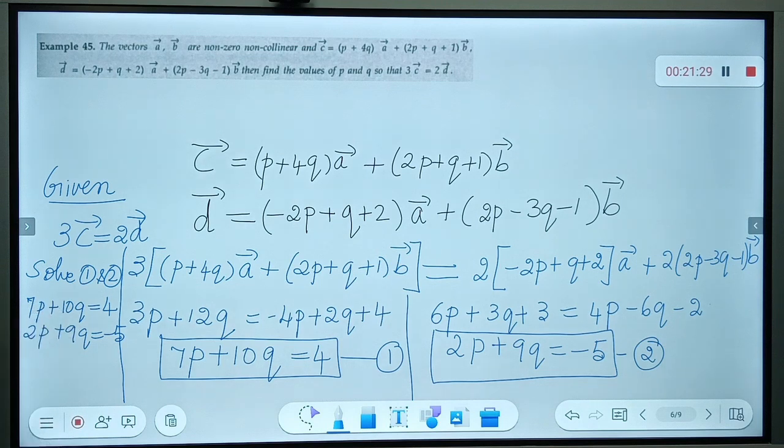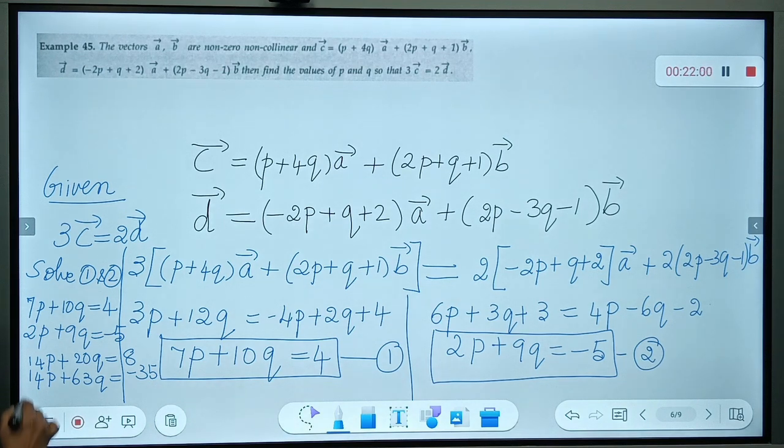So we are multiplying the first equation by 2, the second equation by 7. I am sure you can solve for the values of p and q. So what will I get? 14p plus, this I am multiplying by 2, 20q equal to 8. This by 7, 14p plus 63q equal to minus 35.